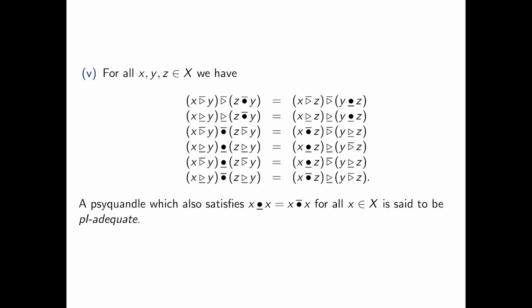Again, the axioms of a Psyquandle are motivated by the generalized Reidemeister moves. If you're interested in defining an invariant for singular knots and links, then that's all you need. But if you're trying to define an invariant of pseudoknots and links, then what you need is a P1 adequate Psyquandle, and the axioms for a P1 adequate Psyquandle are motivated by the set of Reidemeister moves for pseudoknots and pseudolinks.